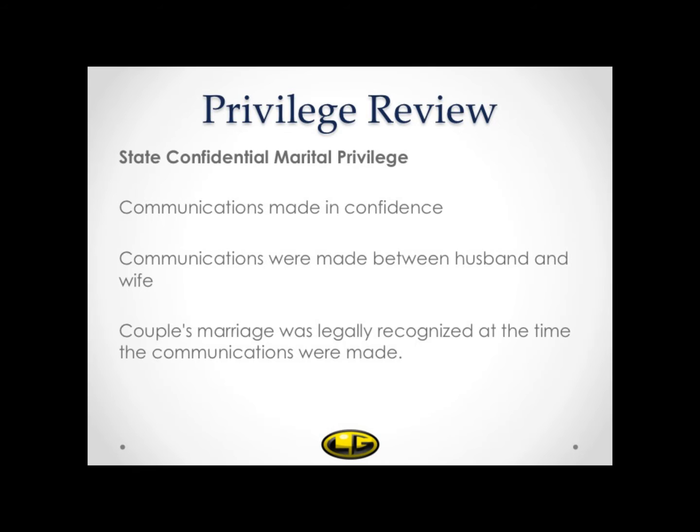Were the communications made between husband and wife? And was the marriage legally recognized at the time the communications were made? If you can check all the boxes, you can effectively argue that. More importantly, you can start describing through just your issue coding that you have a communication such as a message from wife to husband, made in confidence, while the marriage was legally recognized. Again, all those elements need to be there in order for the privilege log to be effective.